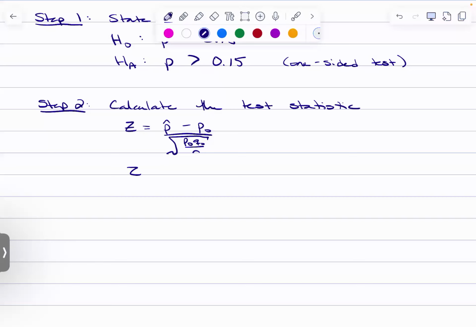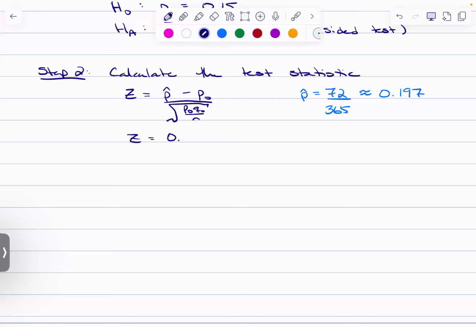So in our case, we had a p-hat of, what did we say, 72 over 365, which we rounded to 0.197. It's my best guess at what the population proportion looks like from my sample.